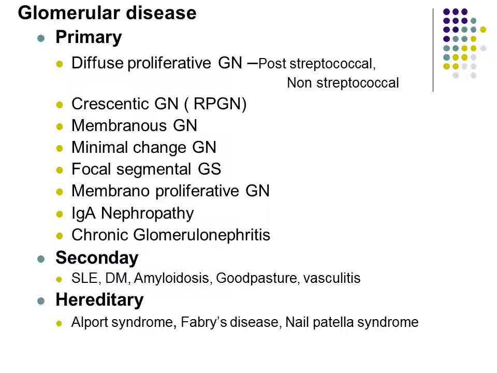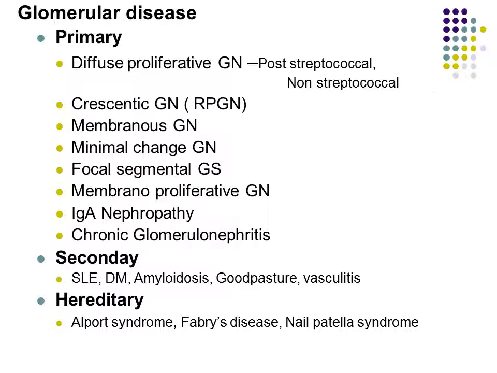So glomerular diseases, primary examples are diffuse proliferative glomerulonephritis, which could be post-streptococcal or non-streptococcal; crescentic or rapidly progressive glomerulonephritis; membranous, minimal change, focal segmental glomerular sclerosis; membranoproliferative glomerulonephritis; IgA nephropathy; chronic glomerulonephritis.